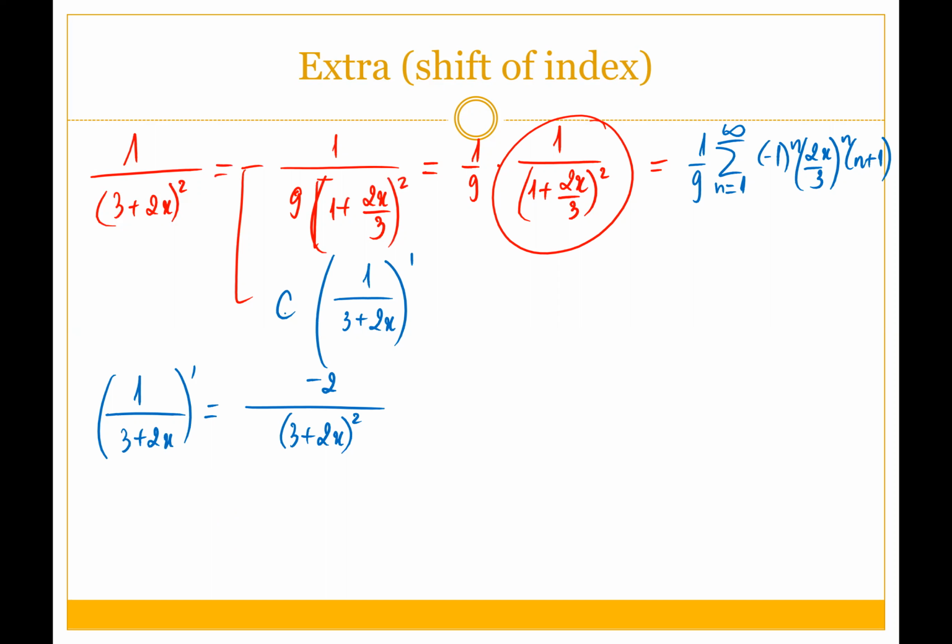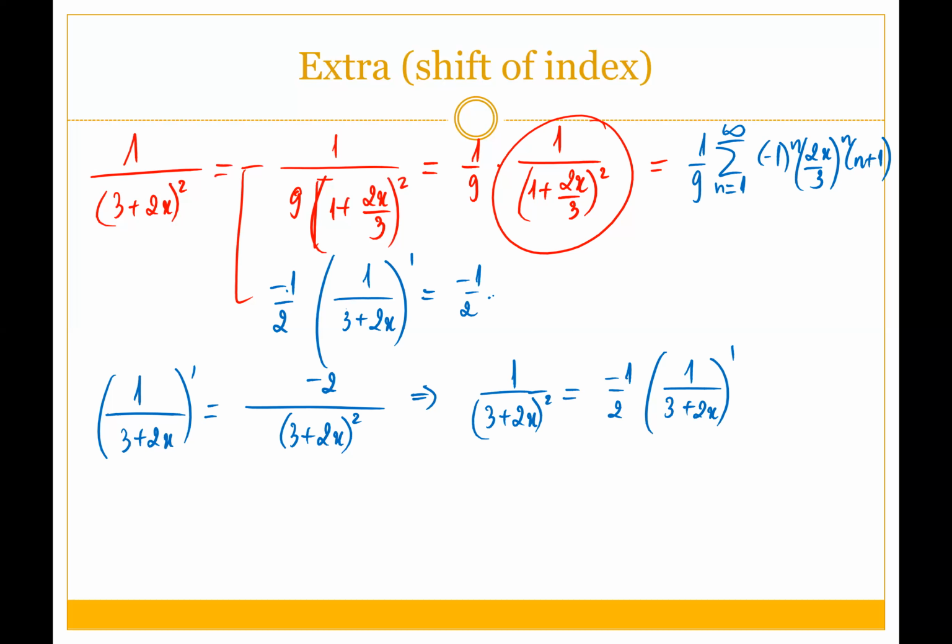So this one is going to be negative 1 over 2 times the derivative of 1 over 3 plus 2x. And so you can start from here, and whatever you need is just now n equal to 0, n equal to 1, because now you take the derivative of this function.